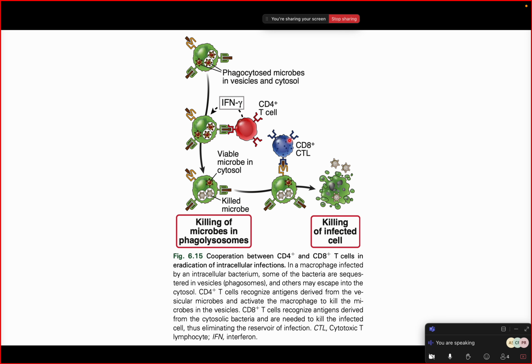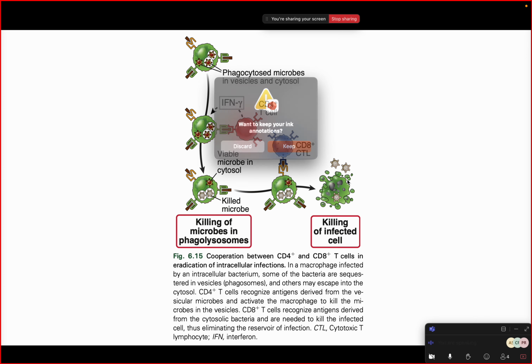But once it is killed, once it is recognized by CD8 positive T cell, because the killed microbe is now being displayed here, the CD8 positive T cell will directly kill the microbe by secreting porins or multiple things which will lead to the cell death on spot. So this is how CD4 and CD8 are working in conjunction with each other to reduce, control and eradicate the infection.